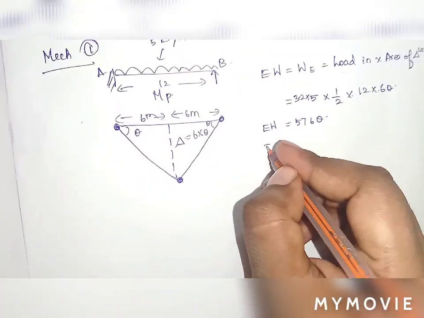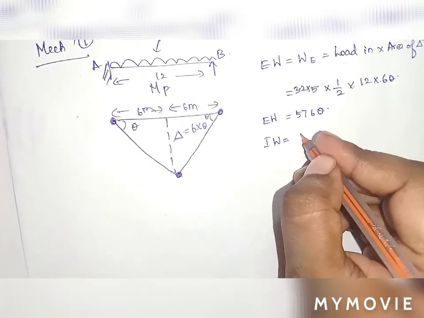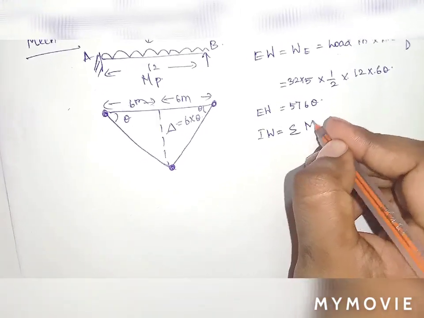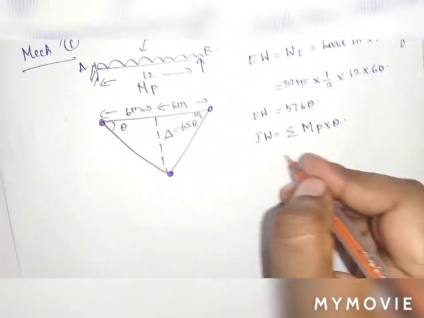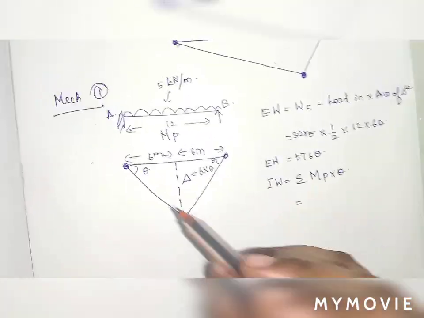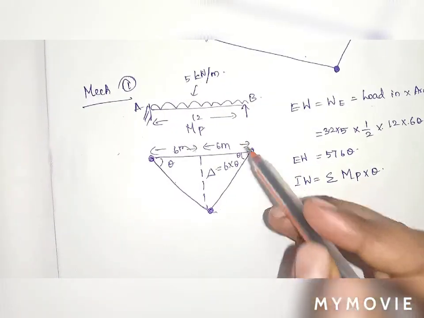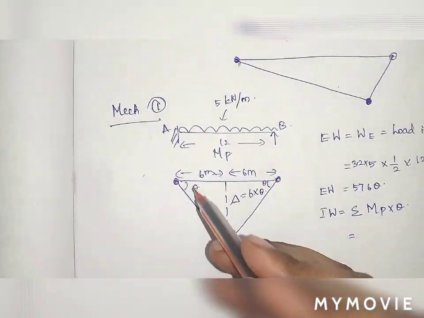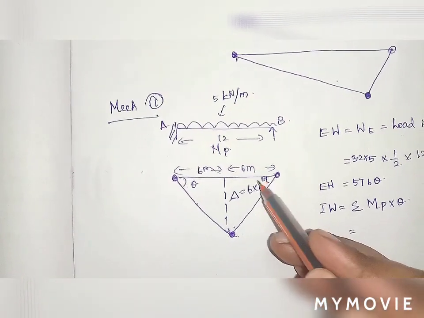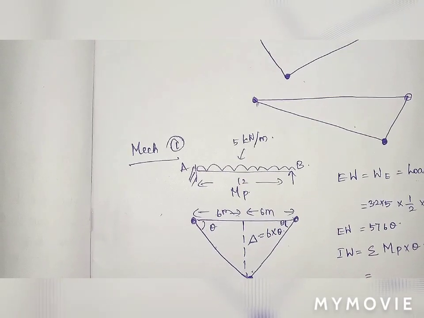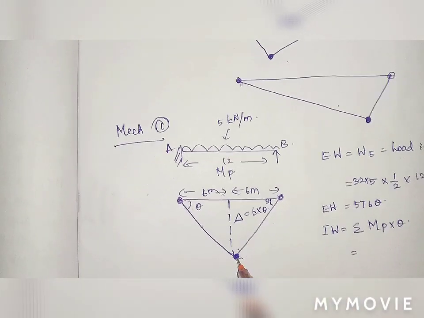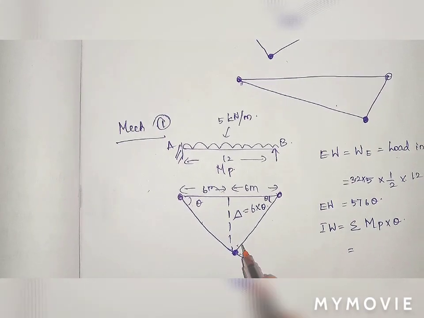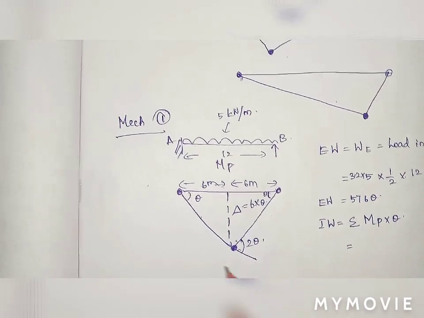Next, the internal work done is equal to the summation of the plastic moment into the corresponding rotation. Here there are 3 plastic hinges, so we have to add all these 3. Here the rotation is theta and here the rotation is theta. At this point 2 members are likely to rotate, hence here it is 2 theta.